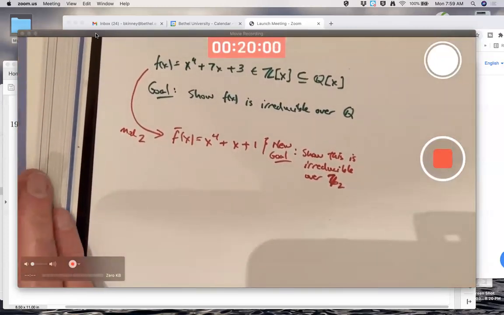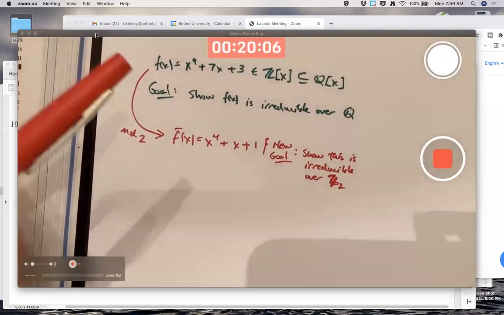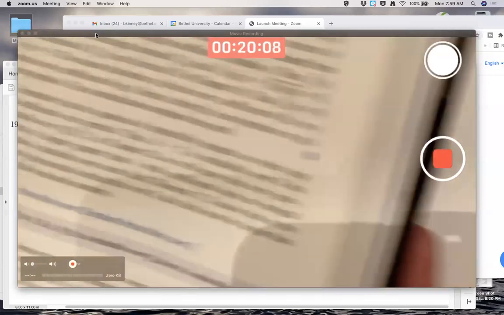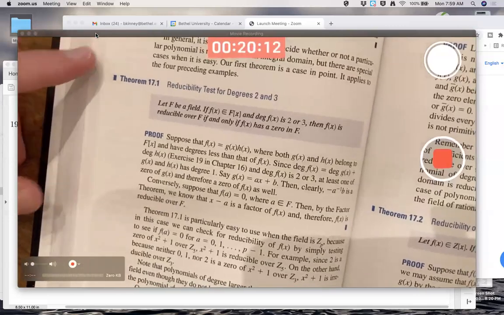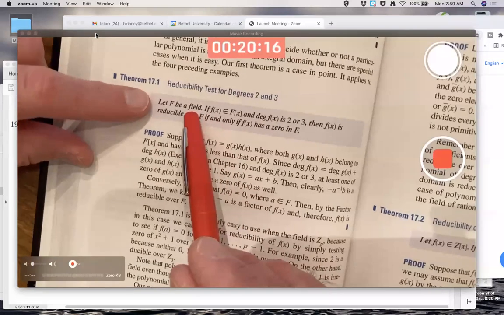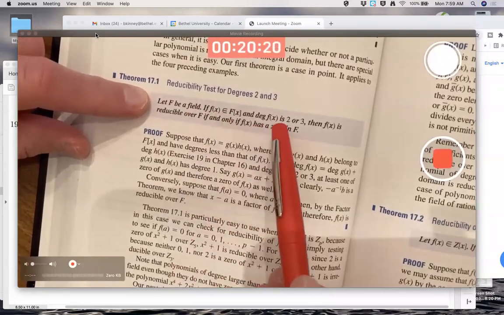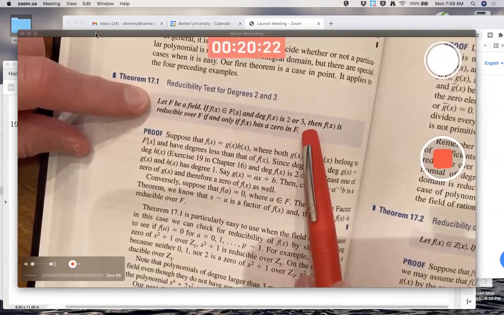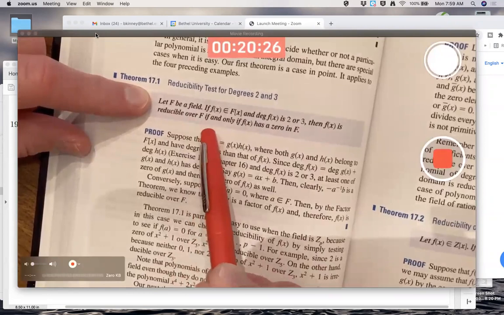Now, the second most important theorem in chapter 17 is probably 17.1, the reducibility test for degrees 2 and 3. When you're dealing with a field and a polynomial over that field that has degree 2 or degree 3, then it's reducible over the field if and only if it's got a 0 in the field.